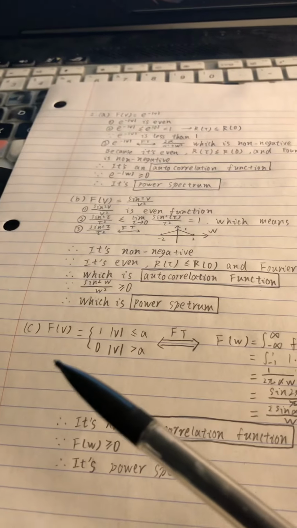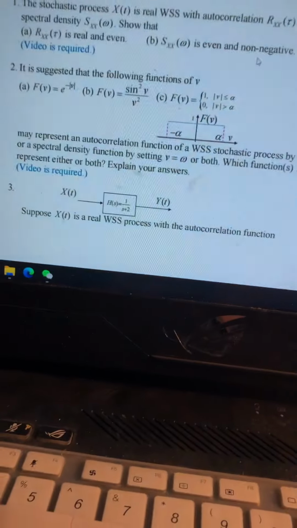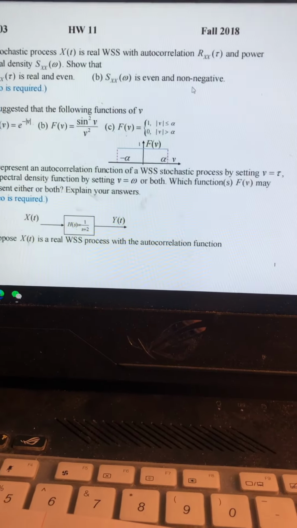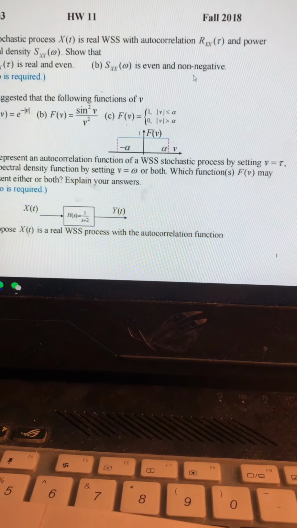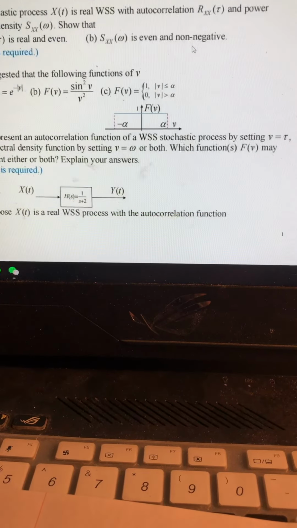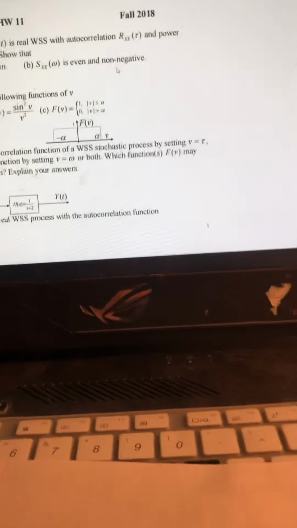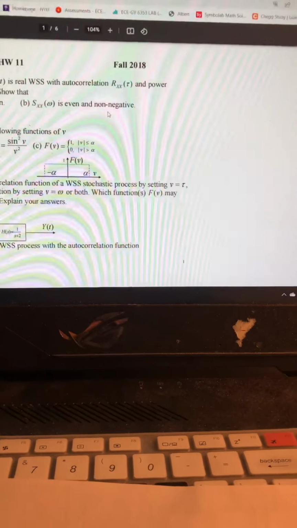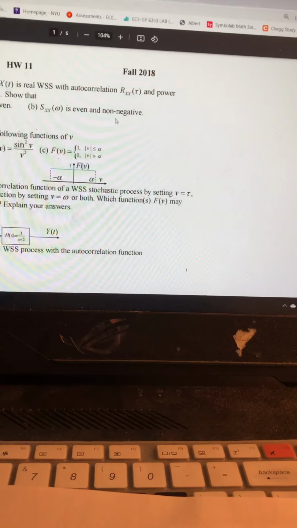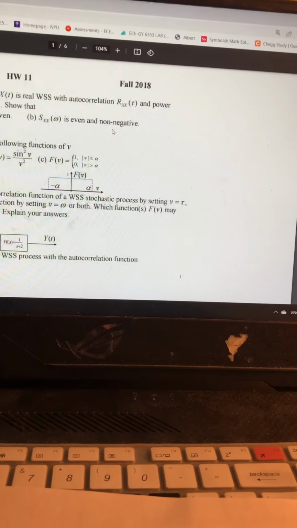And in part C, it says f(v) equals 1 when absolute v is smaller than alpha, and equals 0 when absolute v is larger than alpha.